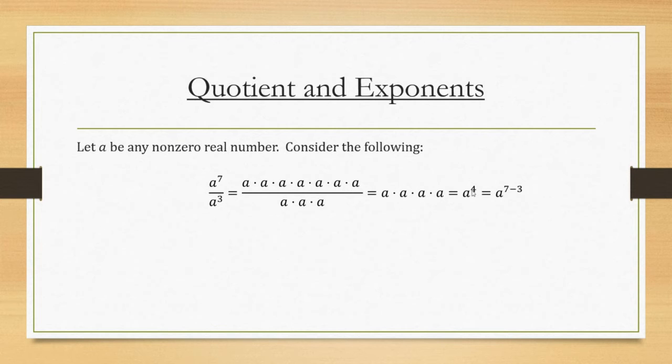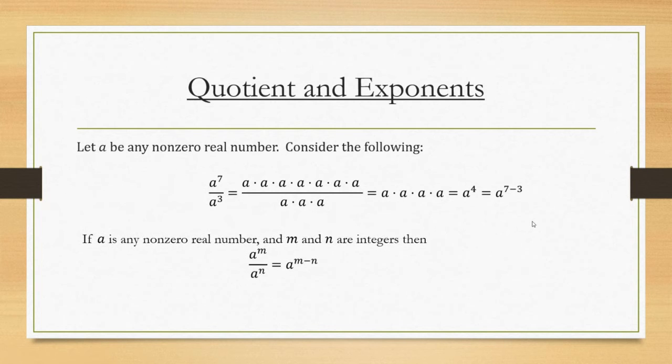So a to the 4th, we know, is a to the 7 minus 3, because 4 is 7 minus 3. Really what I'm trying to illustrate here is this rule: if a is a non-zero real number, when you divide like bases, you subtract the exponents.